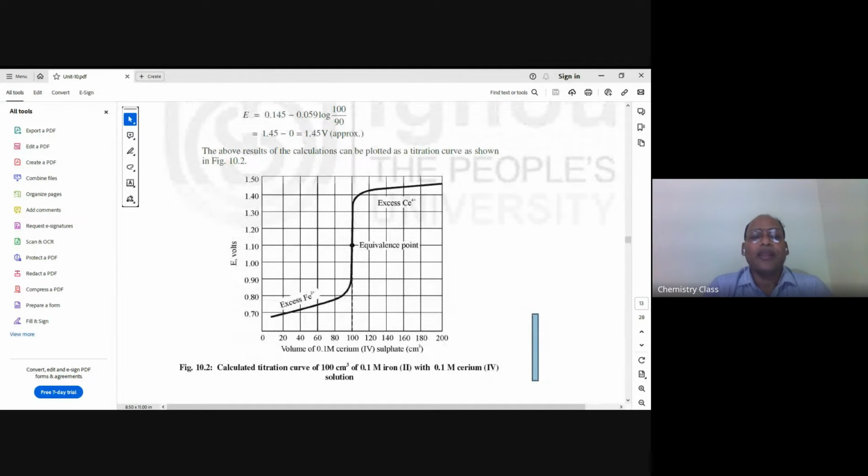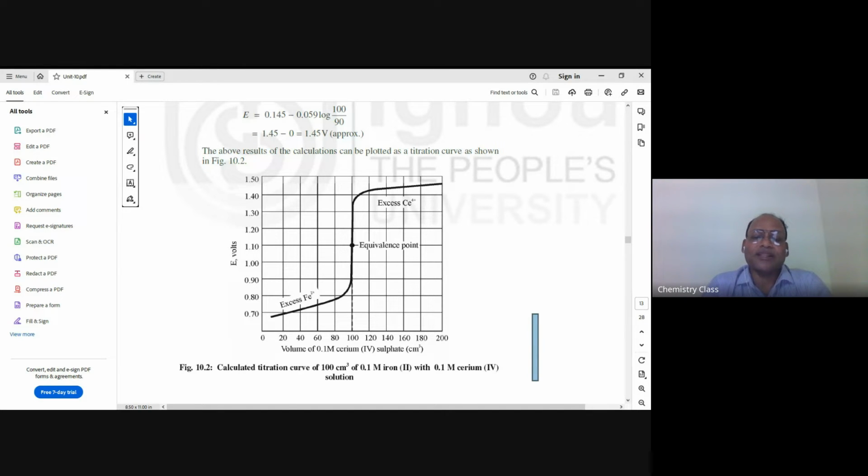Below is the volume of 0.1 M cerium(IV) sulfate, and this is your E in volts. Now, we are doing the titration between iron(II) and cerium(IV): Ce4+ and Fe2+.